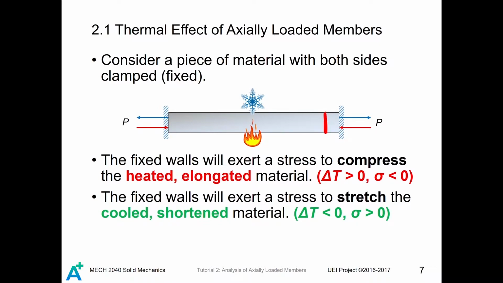What we do is to apply a force that pulls it back to its original length. So this is the reason why we consider the bar under the clamped condition, because under such condition there will be axial force, axial load, and consequently the axial stress acting in the cross-section of this beam.